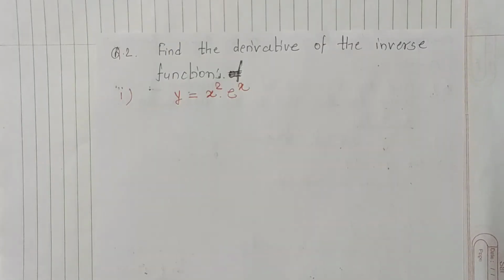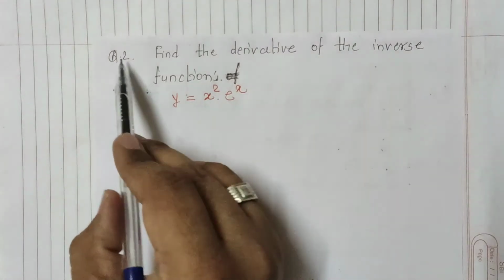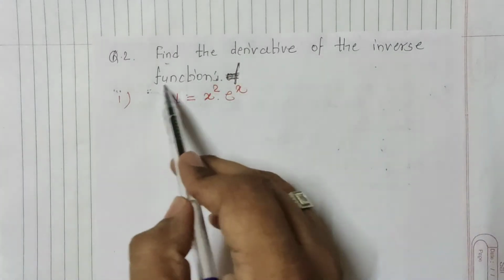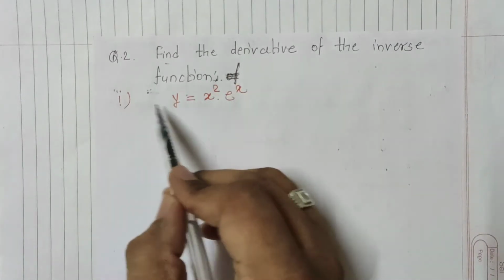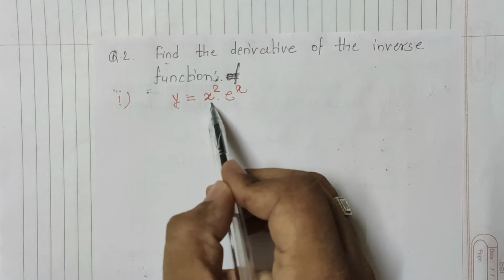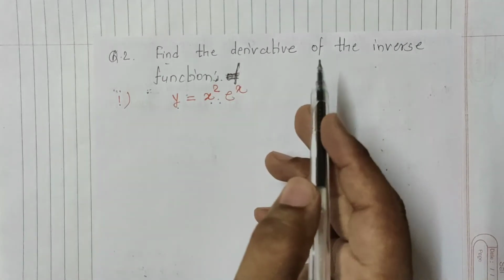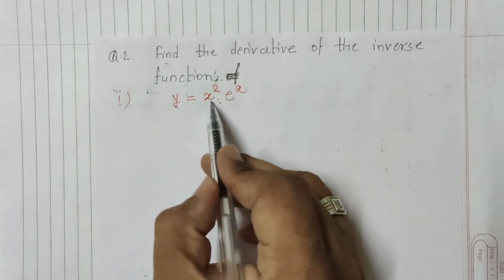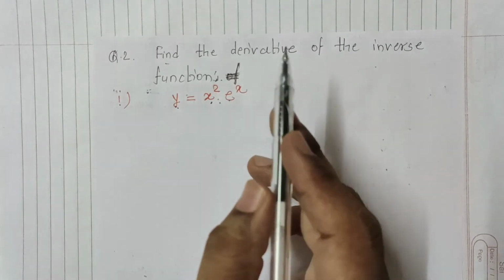Then question number 2, same exercise 1.2. Find the derivatives of the inverse function. First example, y is equal to x square into e raised to x.